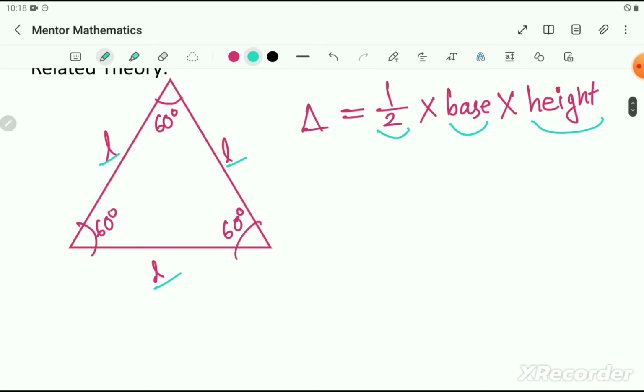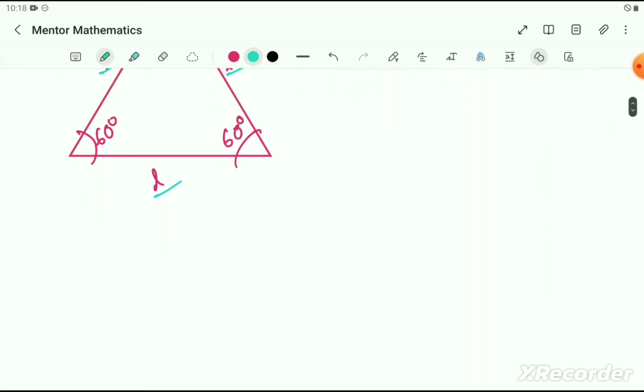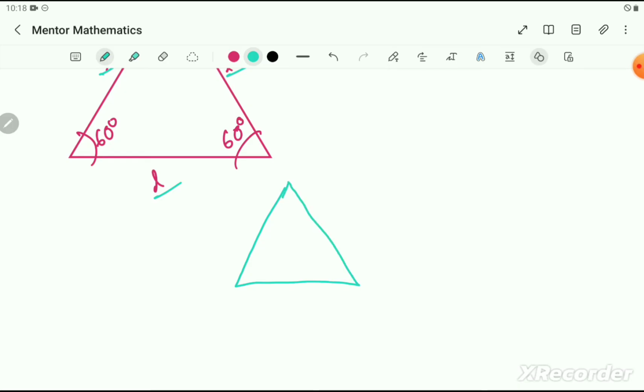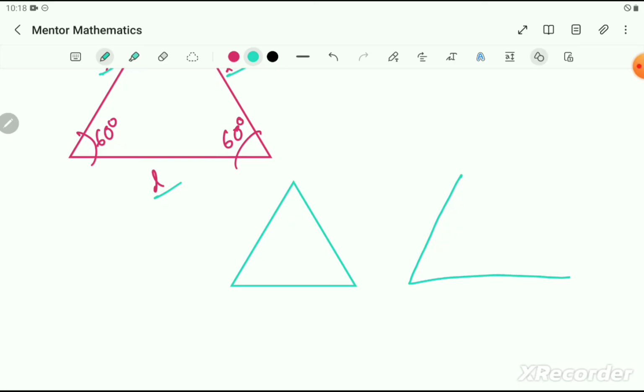So let's do this mathematics. For this particular problem we have two triangles. I'm drawing both of them.